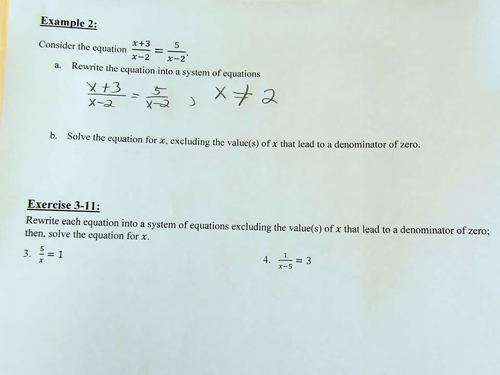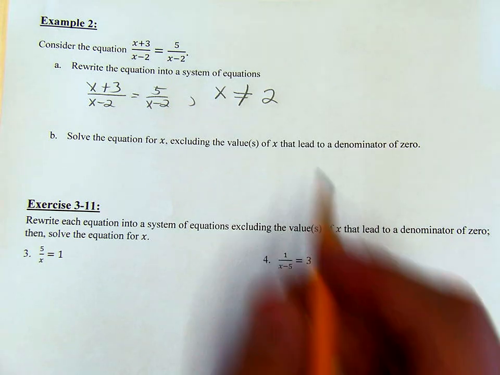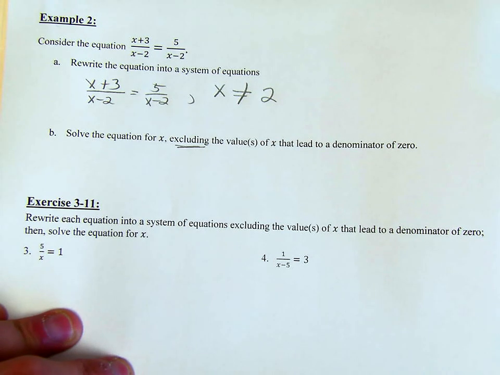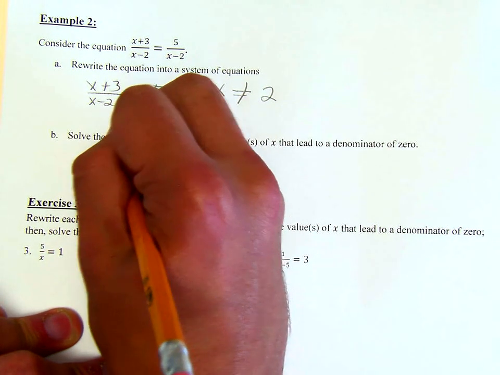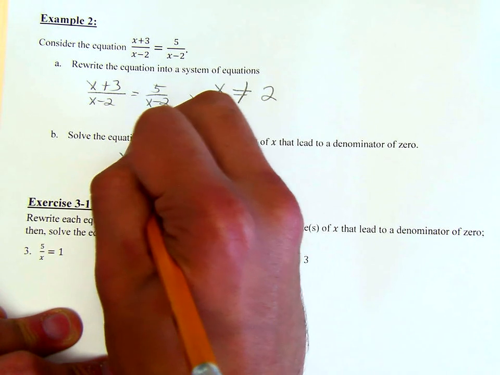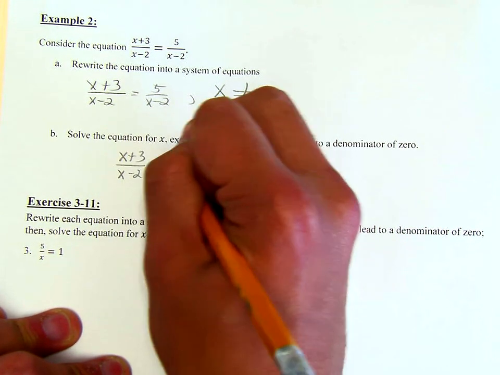So they want us to solve the equation for x, excluding the value of x that leaves the denominator of 0. So looking at this, I'm going to have x plus 3 divided by x minus 2 is equal to 5 divided by x minus 2. And in this case, we have to find the common denominator.